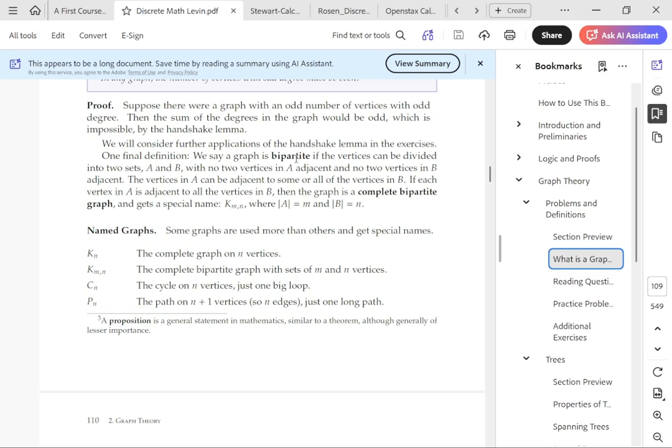The vertices in A can be adjacent to some or all of the vertices in B. If each vertex in A is adjacent to all vertices in B, then the graph is a complete bipartite graph, and gets a special name, K_{m,n}, where the size of A is m and the size of B is n.